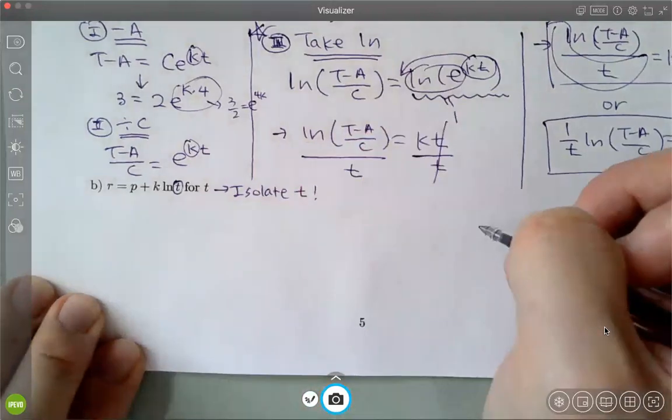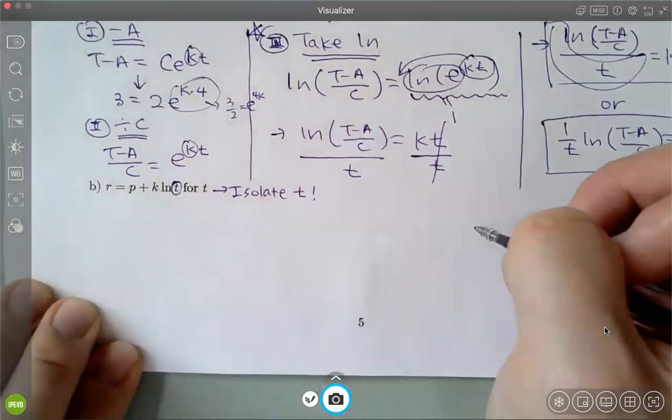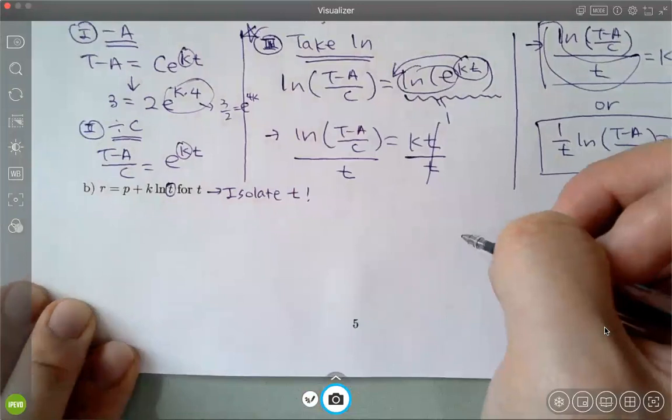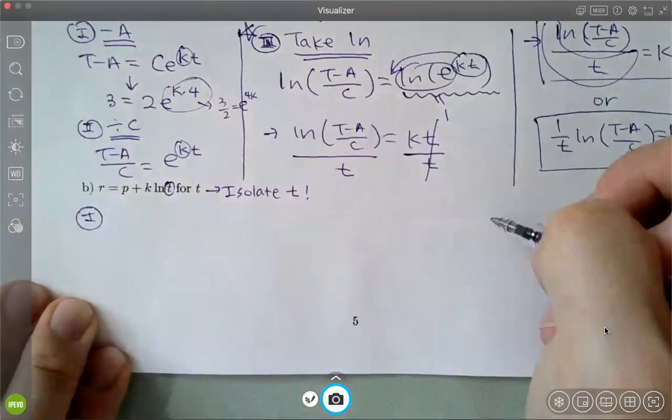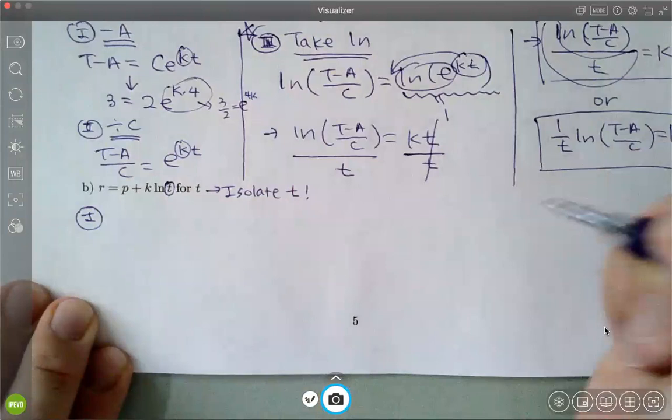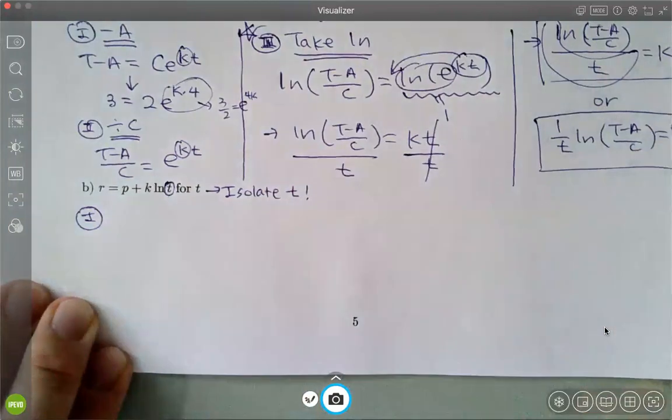Okay, so now what is the first step? To get T by itself. Subtract P. Minus P first, yes.